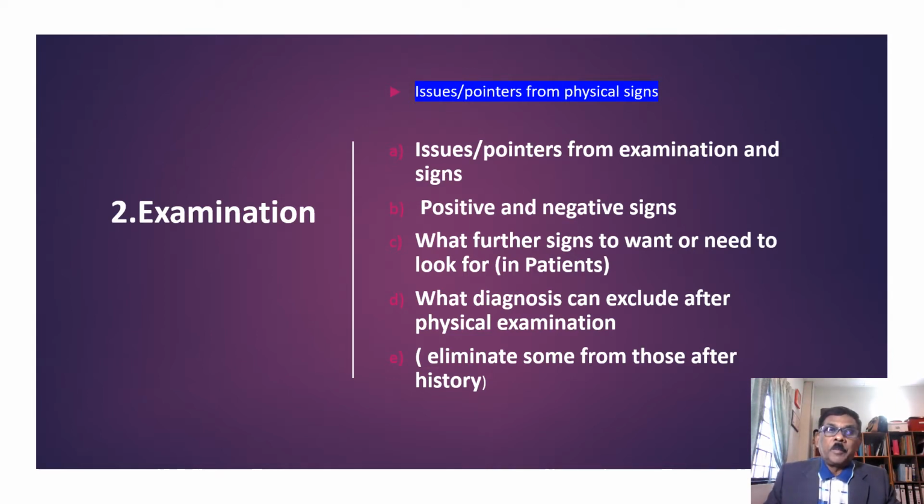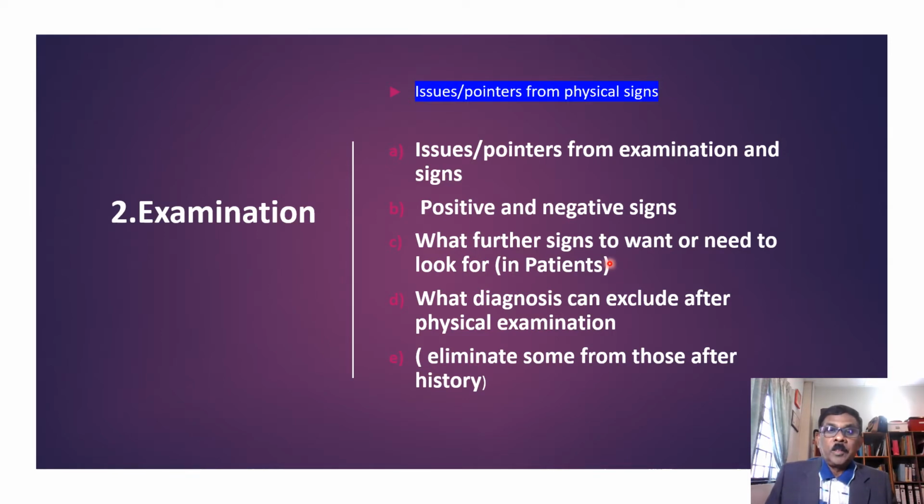Then you go to the examination. The examination is the same. You look for the issues or pointers from the physical signs that you got from the examination. List the positive and the relevant negative signs in the patient, and list out whatever signs that you may want or need to look for in the patient further.